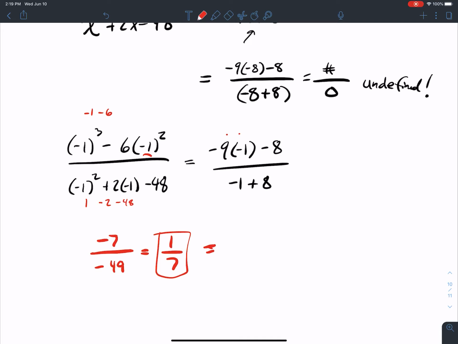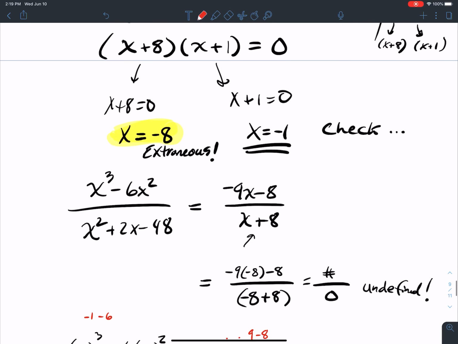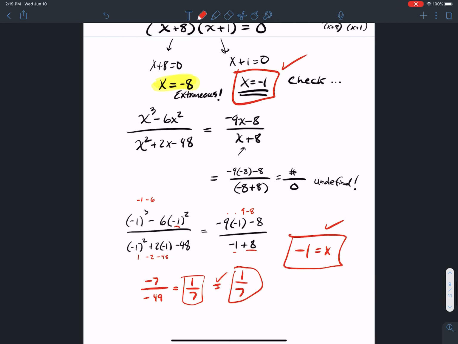Negative and negative makes a positive 9 minus 8, that's 1. And then 8 minus 1 gets me 7, so that's correct. So what does this tell me? x equals negative 1 is a solution. So I can box this up or check it, however you want to tell me that that is a solution.